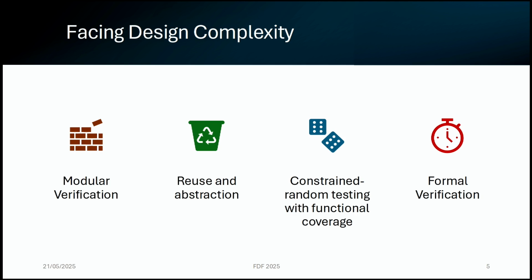The third part is constrained random testing with functional coverage. So direct stimulus are not enough, mostly when the design is big and complex. You cannot just keep writing tests. It's too complicated. You will end up writing so many, and then something might change. You really want to leverage randomization.